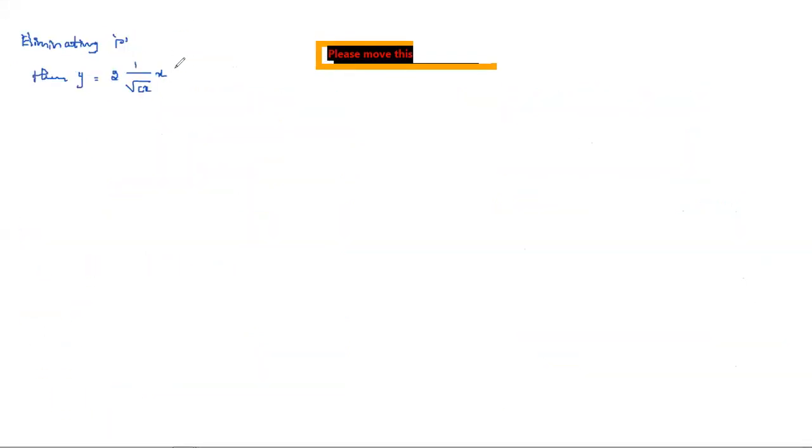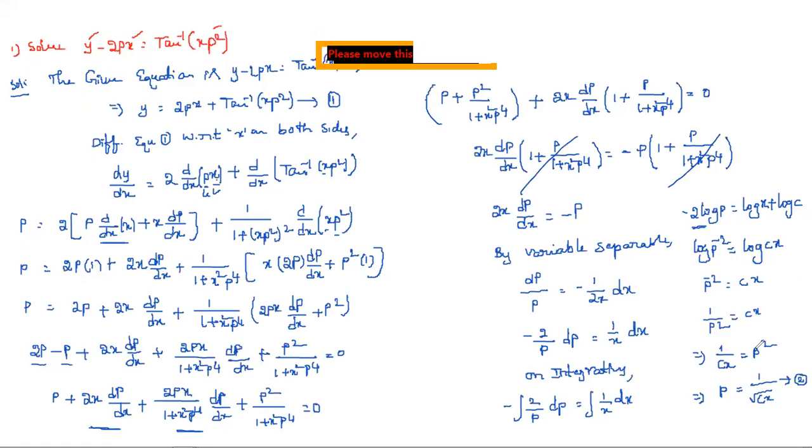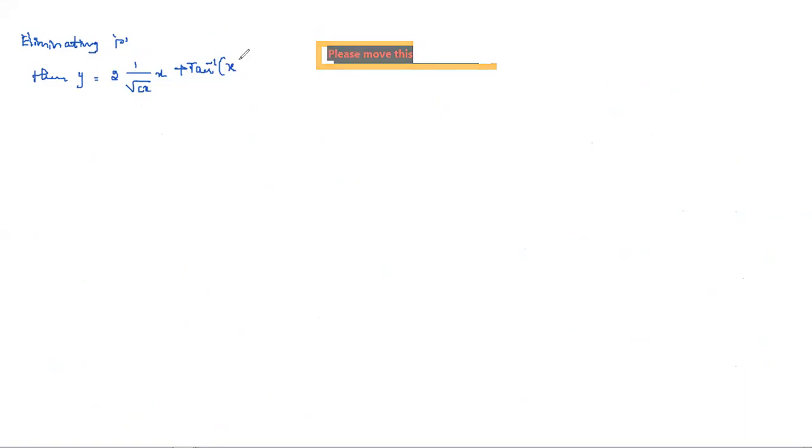So 2 into p is nothing but what we got, 1 by square root of cx, into x, right? And p square is nothing but 1 by cx, as we got here. So in tan inverse, xp square is x into 1 by cx, and here the x's both cancel.